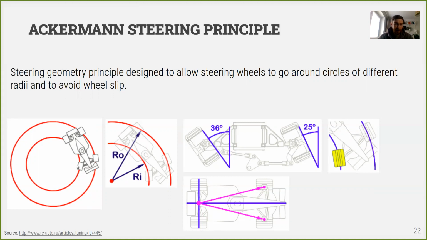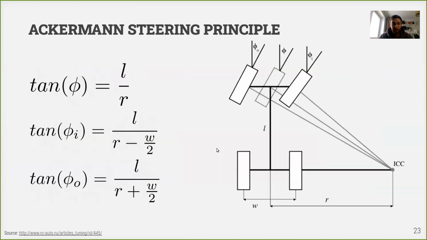And for the front, for the steering axle, we will need just to use different angles to rotate wheels at different angles in order to accomplish such a maneuver, in order to allow wheels to move on different radius. So as you can see, the Ackermann steering principle just allows us to turn wheels at different angles, and that is why they can move on different circles, and we will not have slippage.